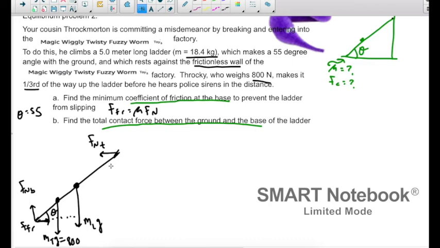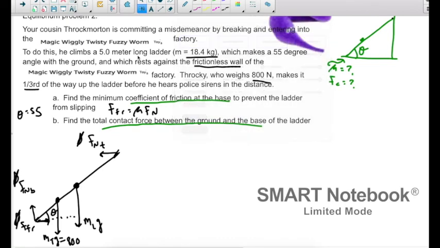So what I really want to do is try to make the normal force here and the force of friction my unknown variables. And it looks like the other unknown that I have is this normal force up here. So I would like to analyze this from an axis of rotation where this normal force kind of goes away.